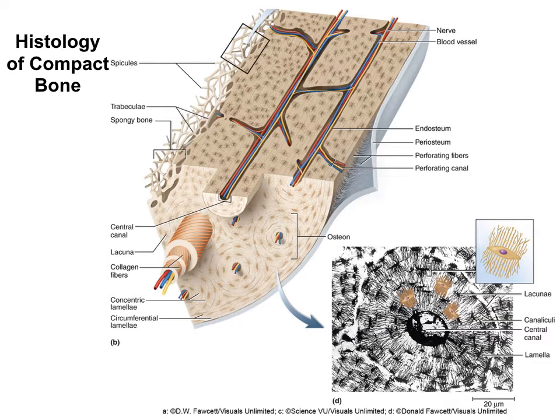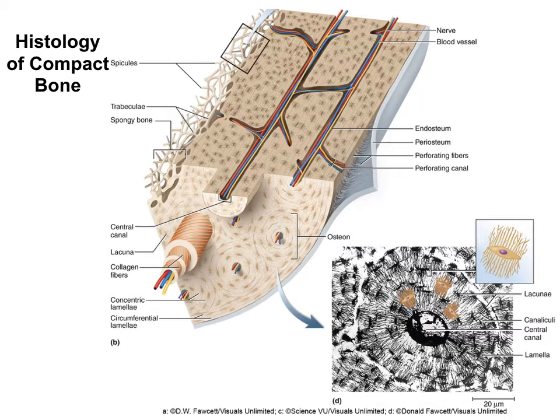With regards to structures, the first structure I want to mention is something called a perforating canal. The perforating canal is a channel that passes from the surface of the bone, penetrates in through the bone matrix, and connects to your functional unit, your osteon, specifically a part of it called a central canal.